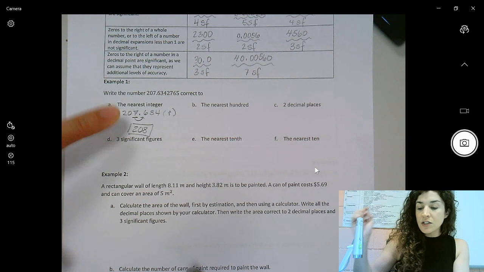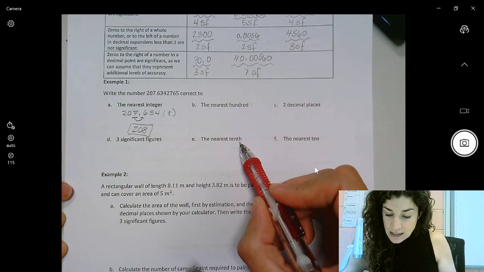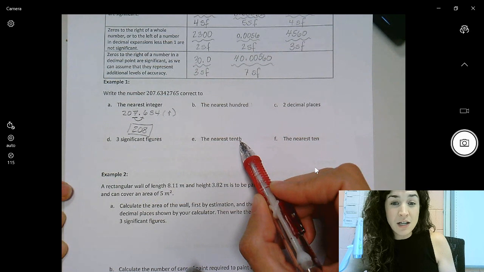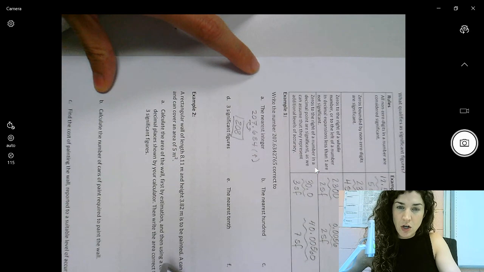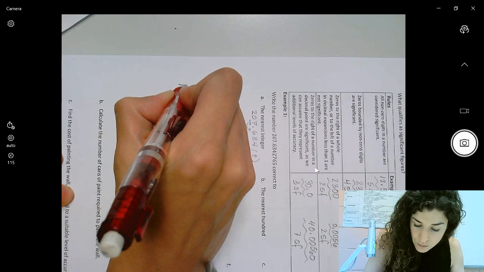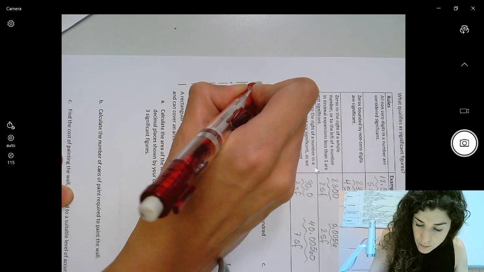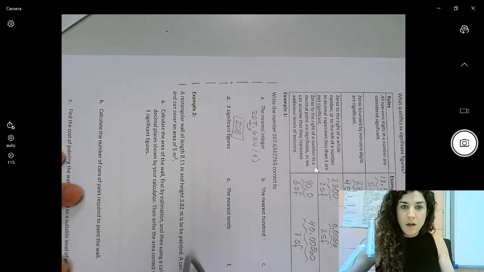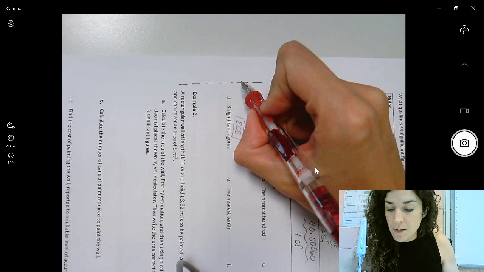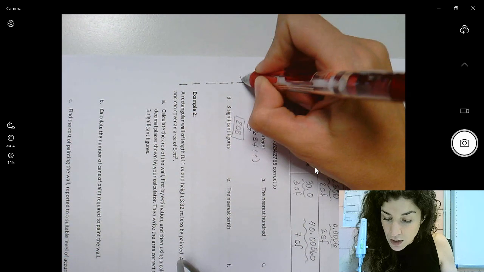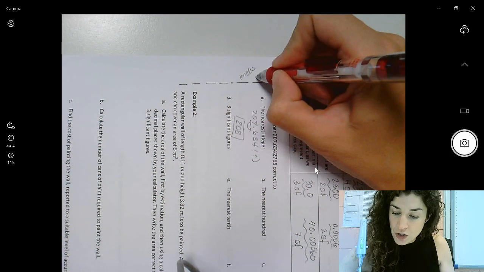To the nearest 100, notice that there is no th at the end, whereas this has th at the end, that's talking about a decimal place. This is actually talking about, if we maybe turn our notes, this point here, let's start here. This spot right here is your tenths place. Notice that th.